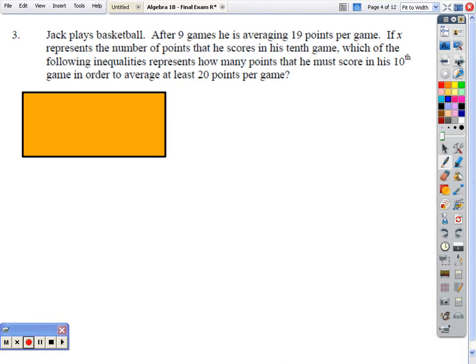Okay? So first thing I'm going to do is multiply 9 times 19. It's going to give me the number of points that Jack has so far. When I multiply 9 times 19, I end up with 171. Okay? So now I'm going to set up an equation.